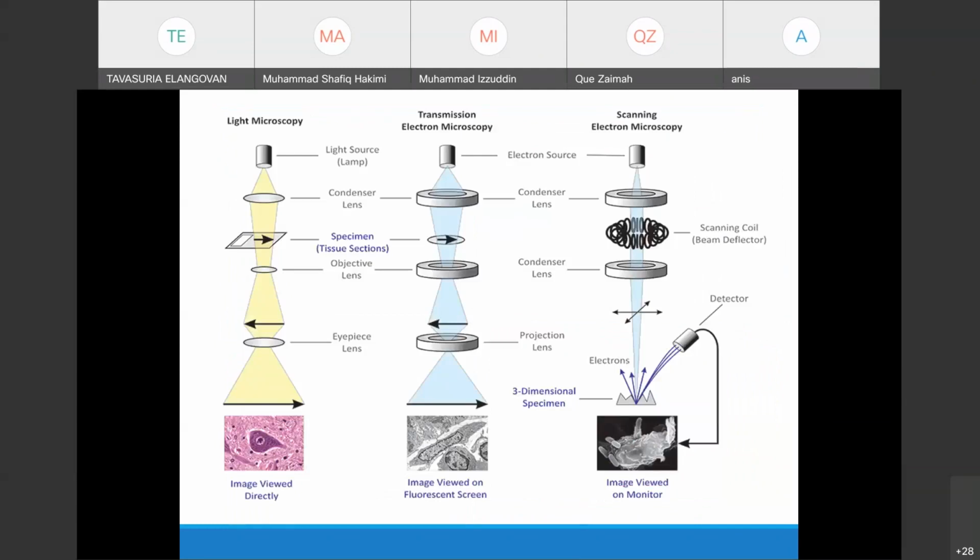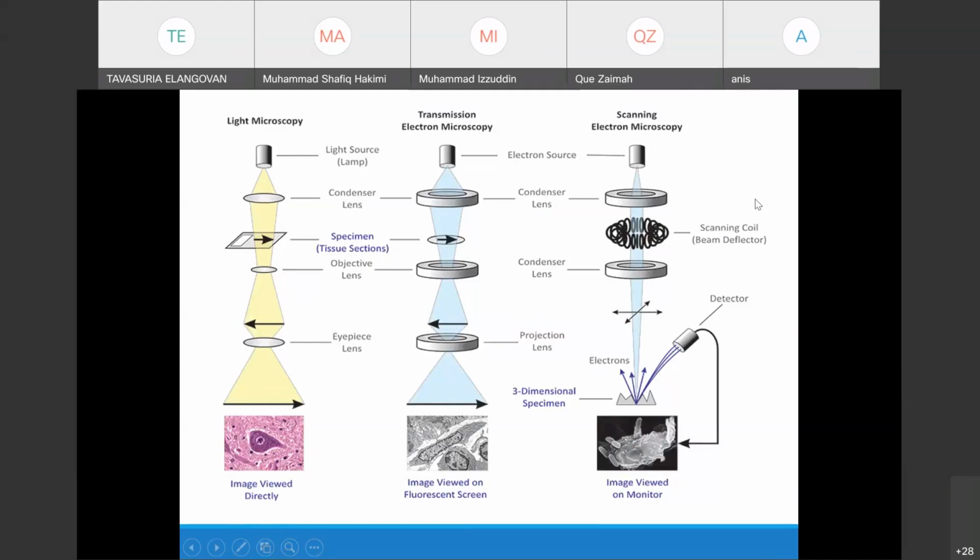Okay, so as a summary, light microscopes, either compound light or stereo microscope, use light rays. However, electron microscopes, either transmission or scanning electron microscope, use a beam of electrons. The transmission electron microscope is used to produce a 2D structure of the image, which is projected on the fluorescent screen.